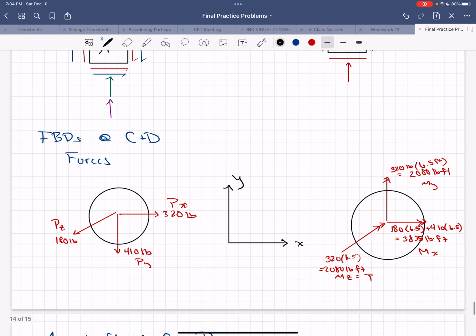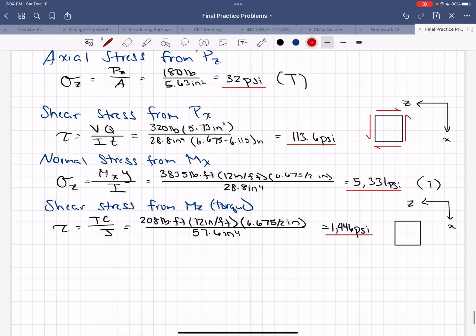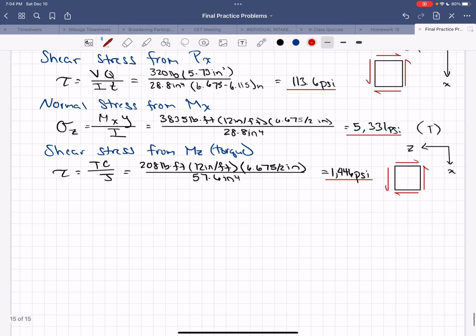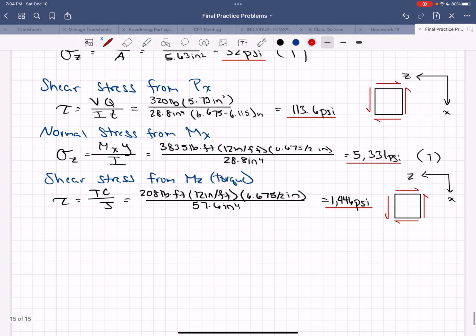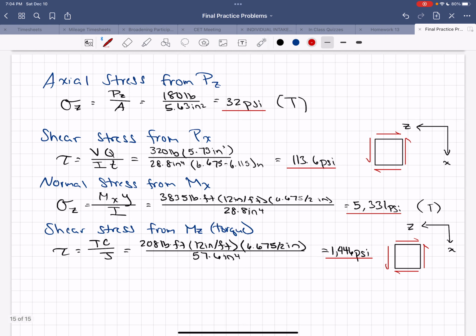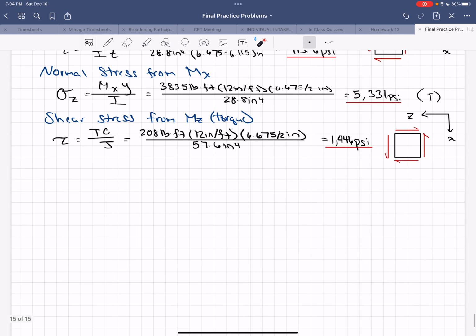So that's nice. Then we just have to draw it the exact same way, and we'll add those together. All right, so our final stress block will be adding this tension force to this tension force. We'll have two tension forces that are added together. And then this shear stress plus this shear stress are both going the same way.